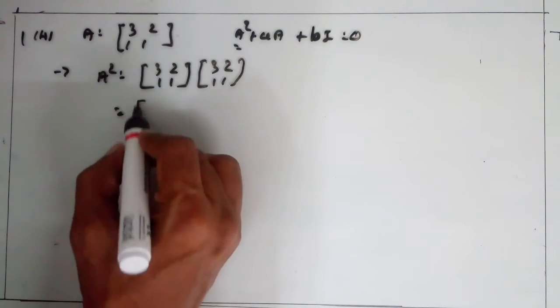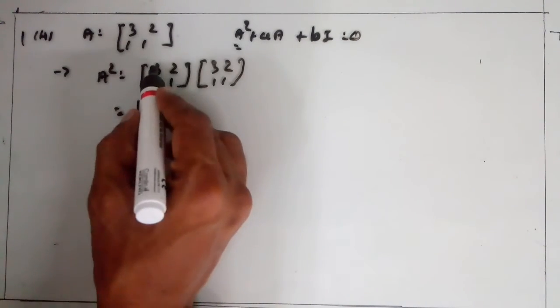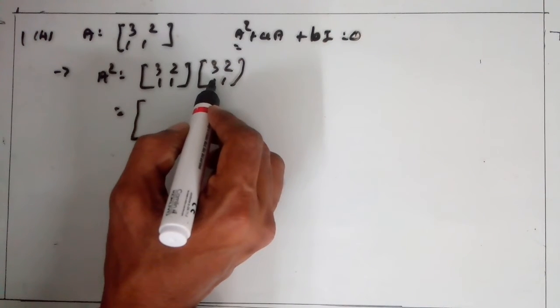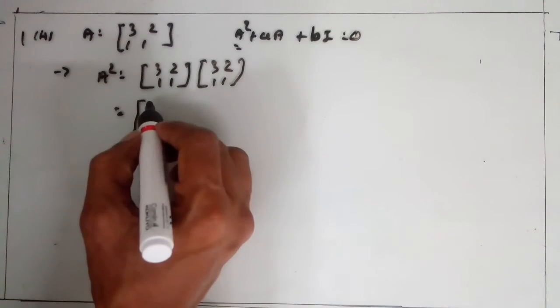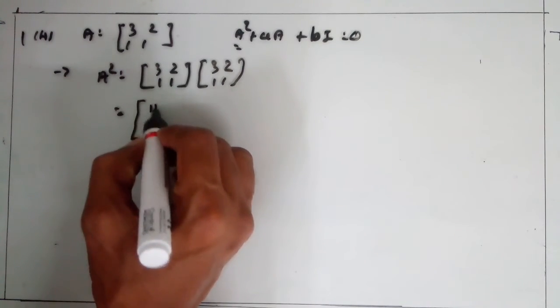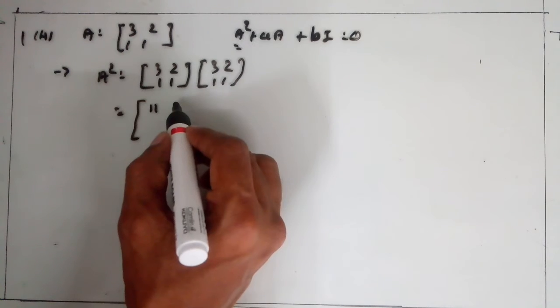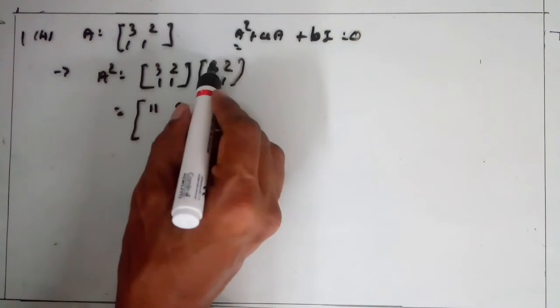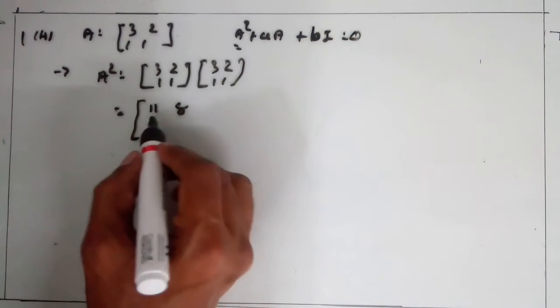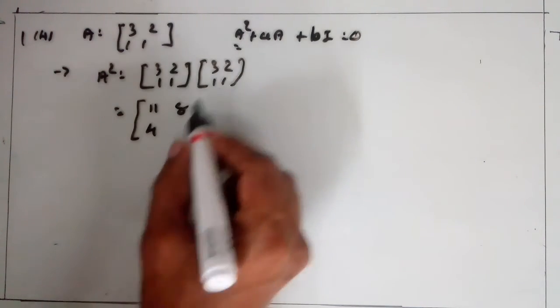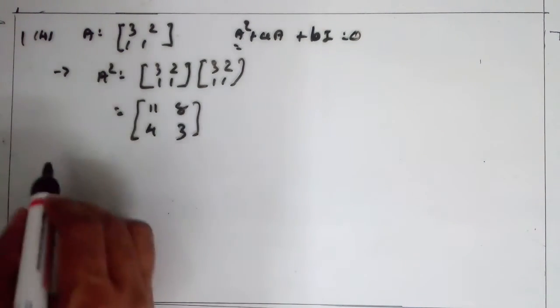Find the matrix multiplication. 3 into 3 is 9 plus 2 into 1 is 2. 9 plus 2 becomes 11. Here 3 into 2 is 6 plus 2 becomes 8. Here 1 into 3 is 3 plus 1 becomes 4. Here 2 plus 1 becomes 3. Clear?